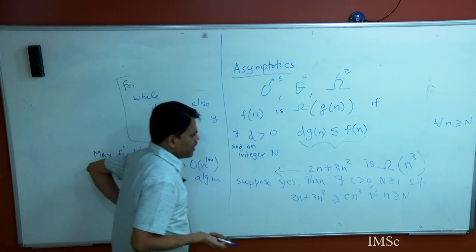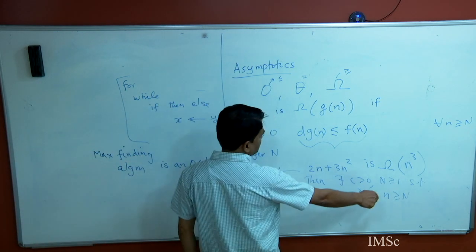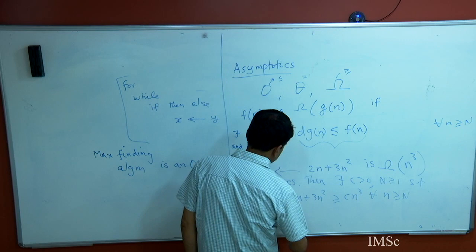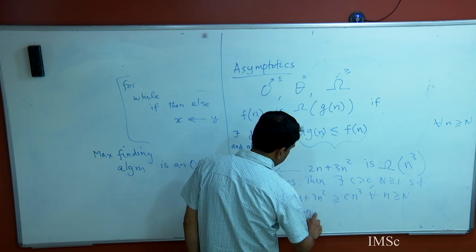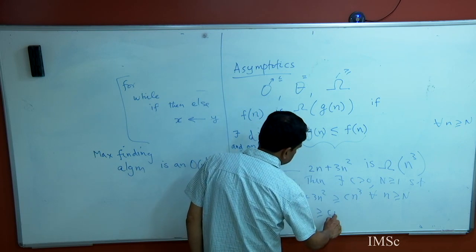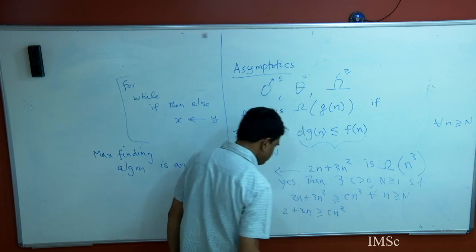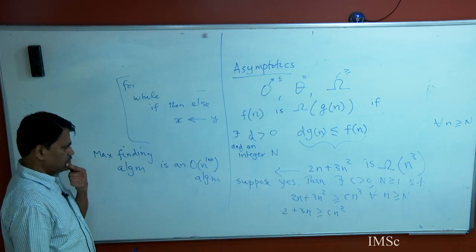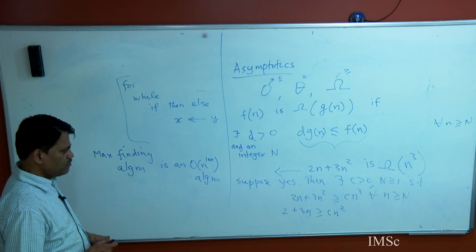So let's divide everything by n. Because n is a positive number, this means that 2 plus 3n is greater than or equal to c n square.